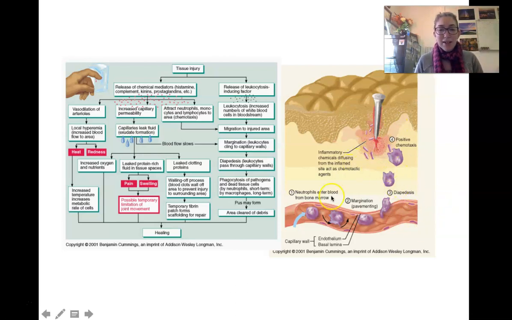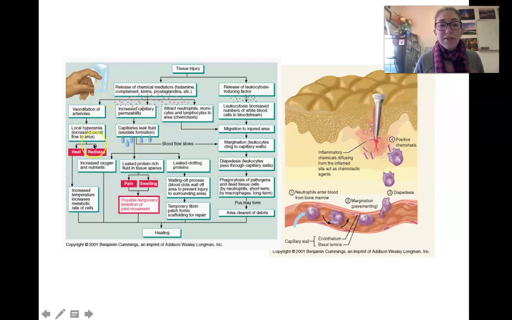All right. This is just a very complex and detailed flow chart of how inflammation works. So you get tissue injury, all right? And one of the things that does is it releases cytokines in that damaged tissue that will cause the blood vessels to dilate, which allows fluid to leak into the tissue.